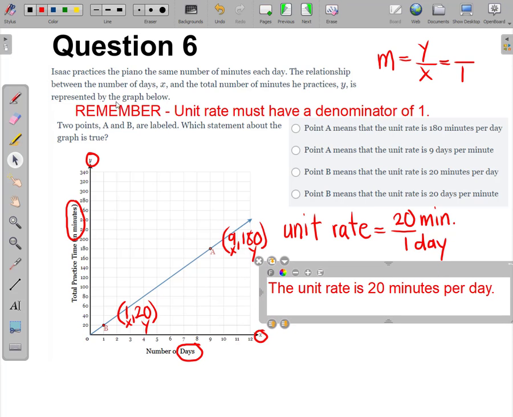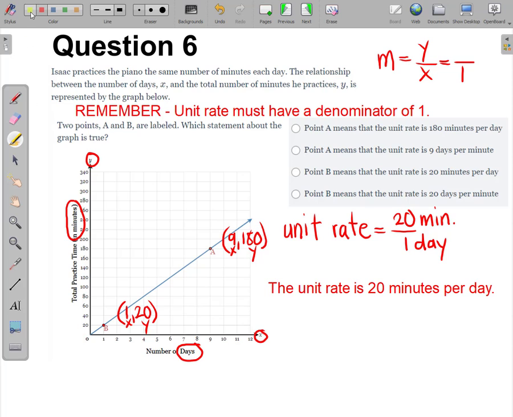So I'm just going to clarify. The first thing that you have to do is to write the unit rate as a fraction. So in this case, it's going to be unit rate is 20 minutes over 1 day. And then you have to write the unit rate as a sentence. The unit rate is 20 minutes per day. Both of these combined is enough work for this question.